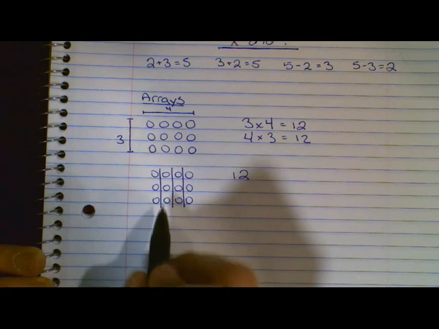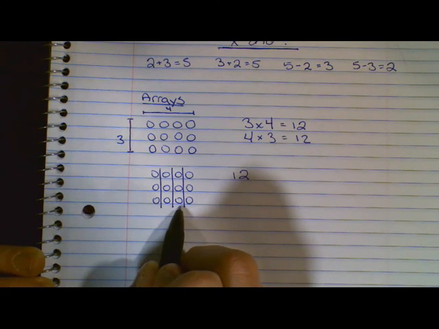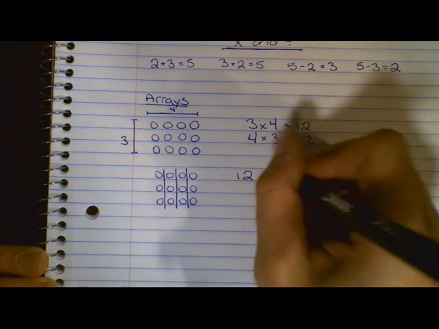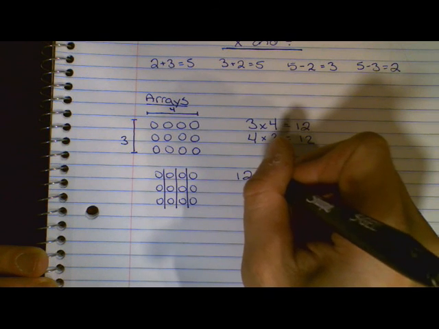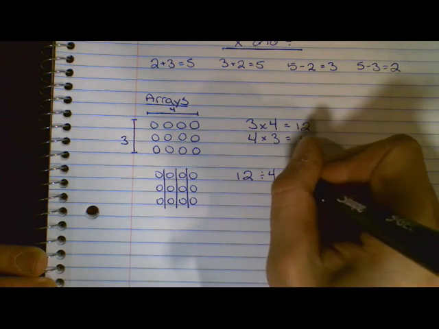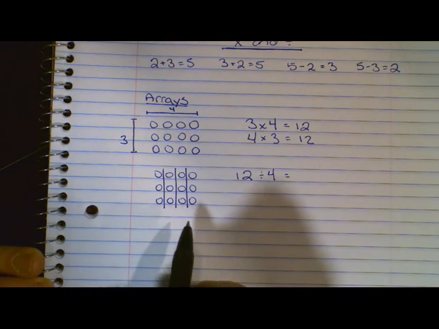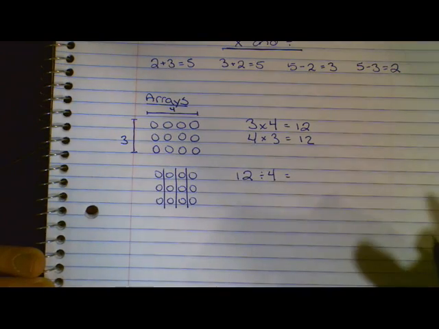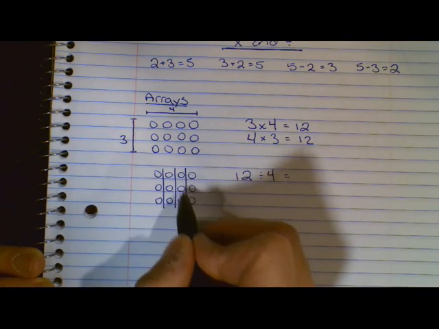So I know I have 1 group, 2 group, 3 group, 4 equal groups. So I'm going to say 12 divided by 4 equals, how many things do I have in each group? 1, 2, 3.